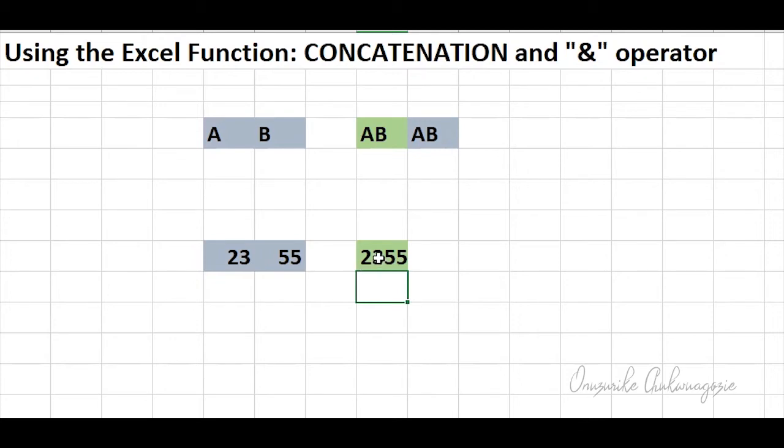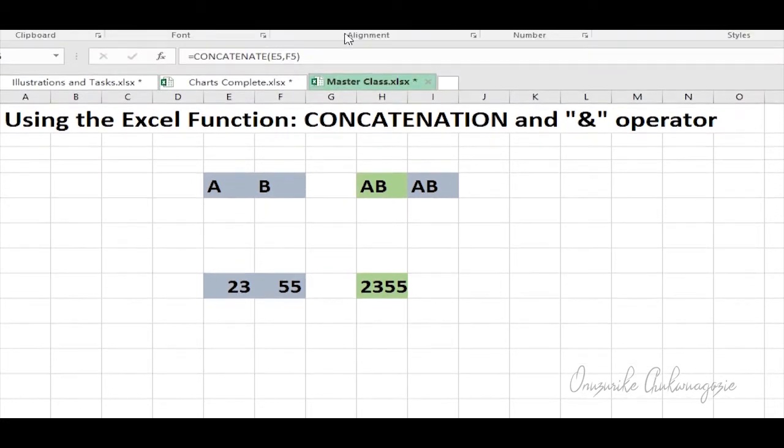So having seen this, supposing we want to put a space between A and B. Okay, suppose we want to put a space between A and B. How are we going to achieve that? Look at my formula bar here.